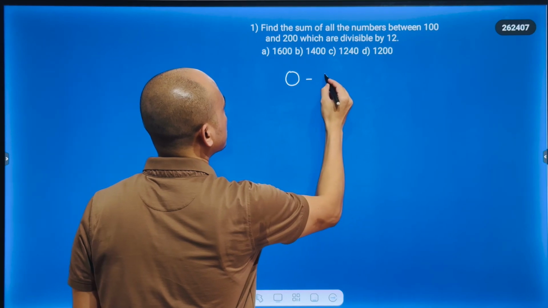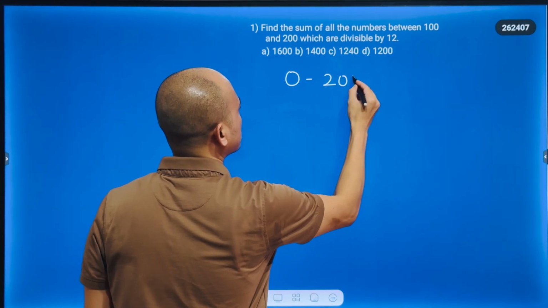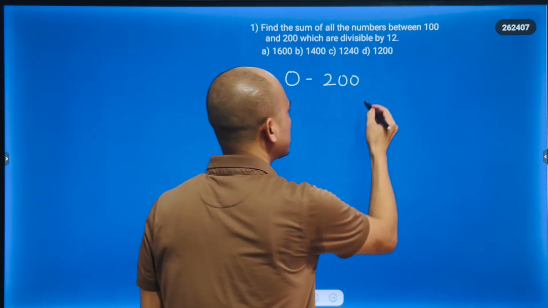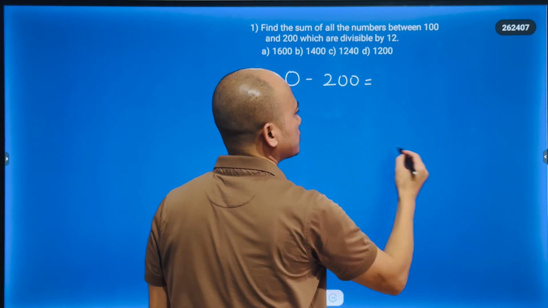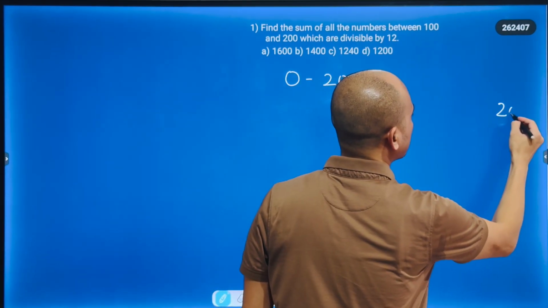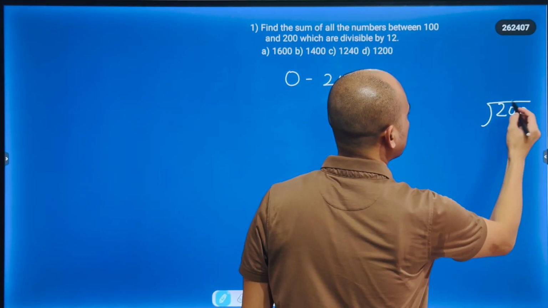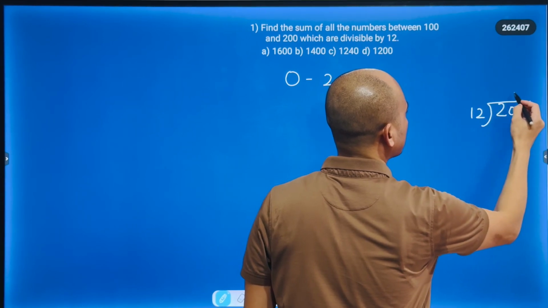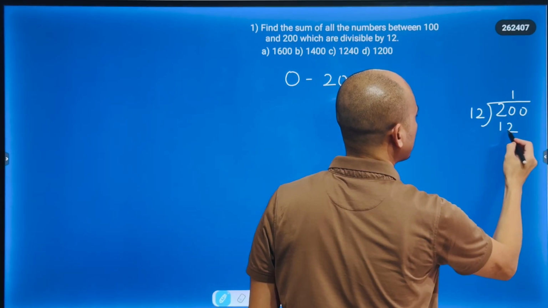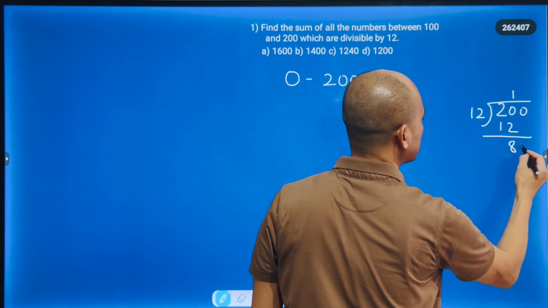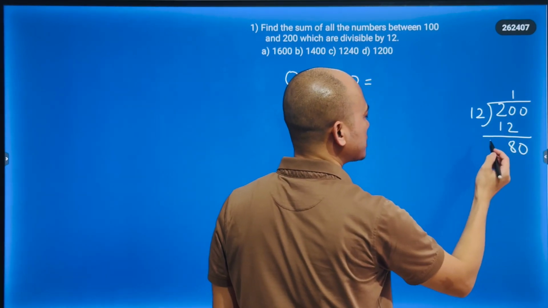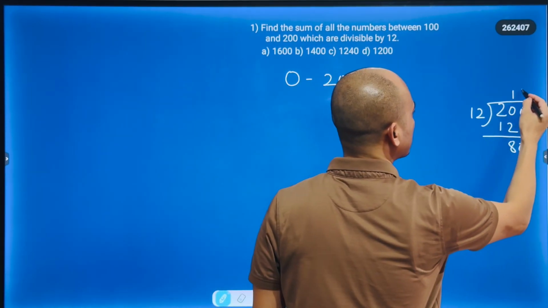0 to 200, how many numbers are there? So how can we find that? If we divide 200 by 12: 12 1s are 12, 12 6s are 72, 12 7s are 84.